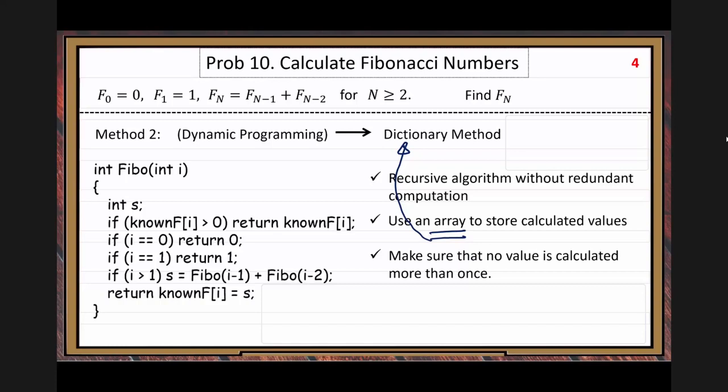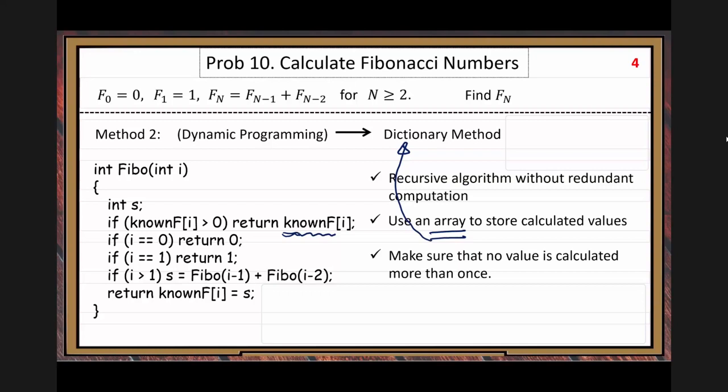Here is the pseudocode. We create an array, and we use the name known F. The value stored in this array is known. The Fibonacci number value is known, so we call it known F. After you store it, that Fibonacci number is known.